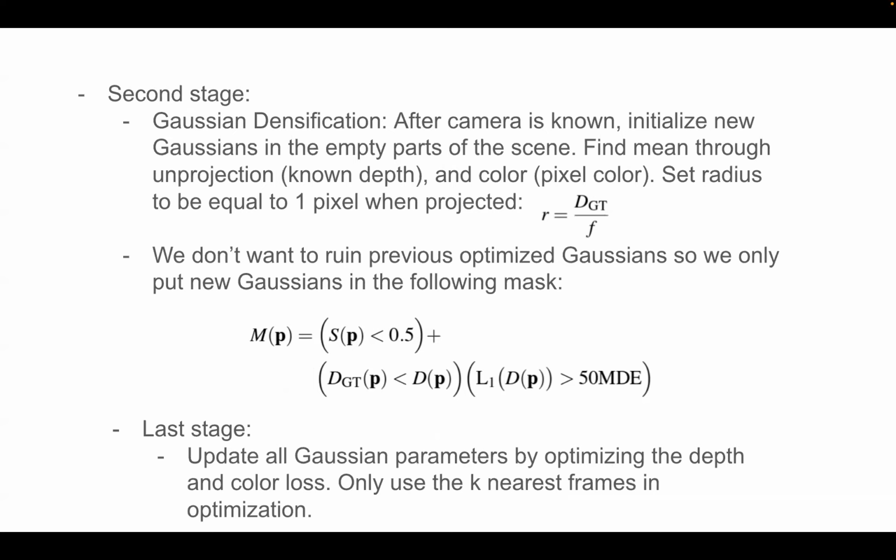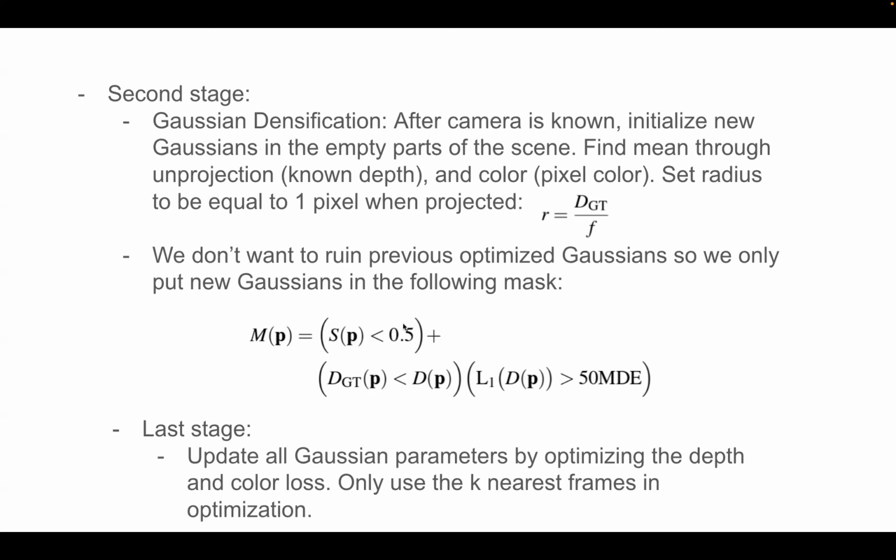Okay, so after they have the camera parameters, they do the Gaussian densification process, which is they look at the parts of the image that are relatively empty according to the previous model.